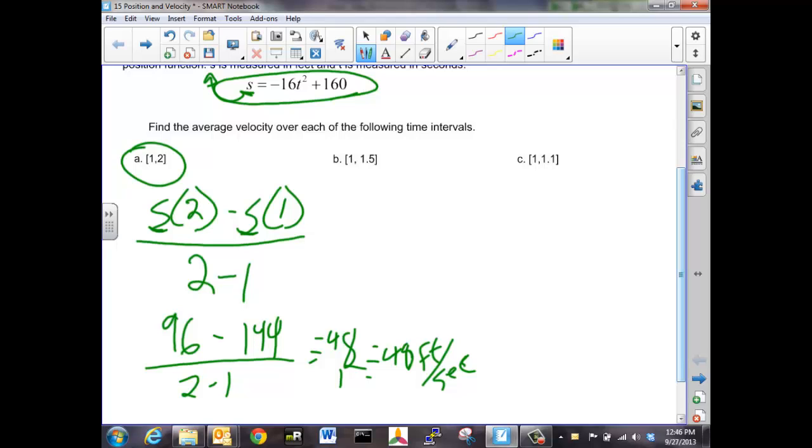This is my t value, the time at 1.5 seconds. So I'm putting t in there and squaring it, getting 2 1/4, times 16, the negative 36, and adding 160 and getting a number. I think that's right, 124.